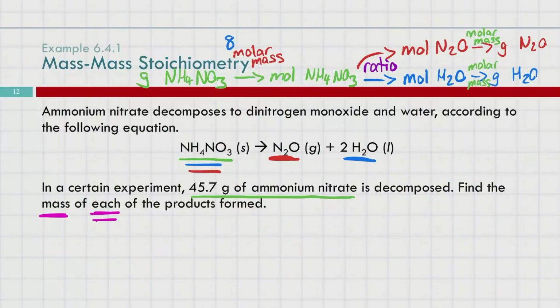So we've got a molar mass of 80, write it down here, 80.043. Water is 18.015, and N2O is 44.013. These are all with units of grams per mole.